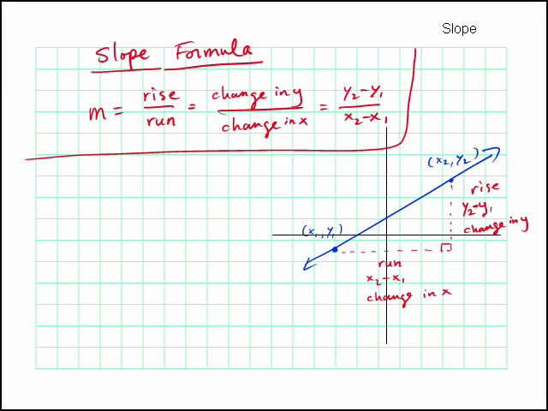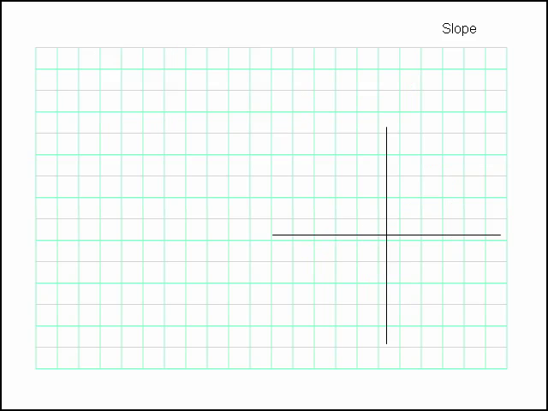Let's do an actual example of using this slope formula. Find the slope. And let's say we know that our line goes through the 2 points, 2 comma negative 1 and negative 5 comma 3. And I can even graph these, though it's not necessary to actually calculate slope, but it helps some people seeing a picture.